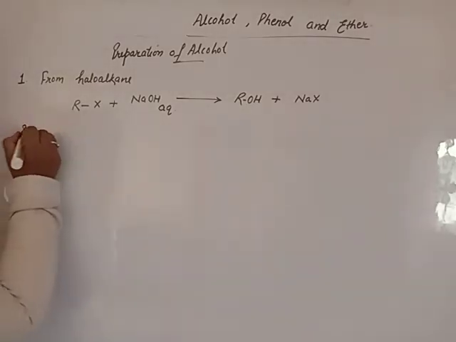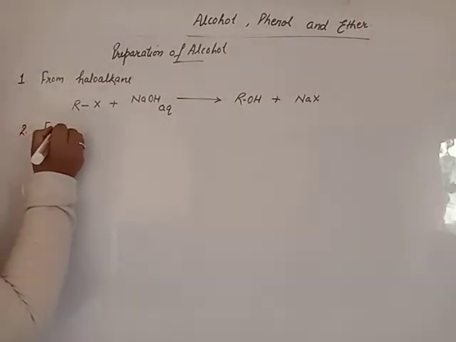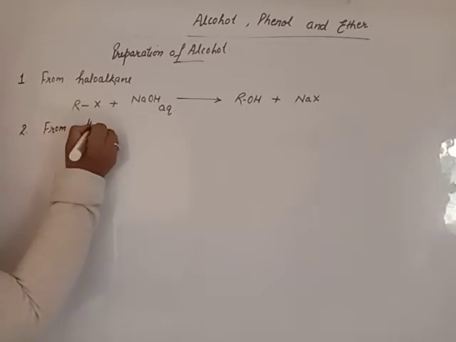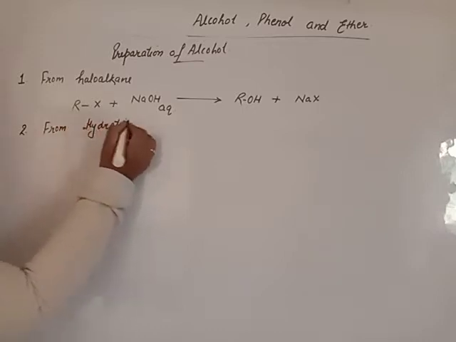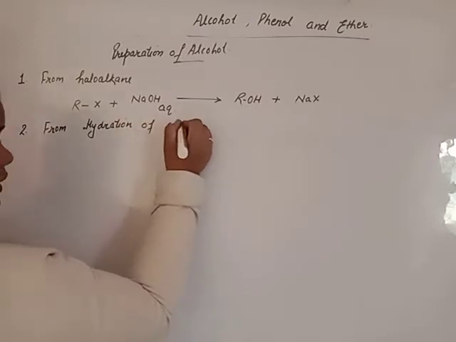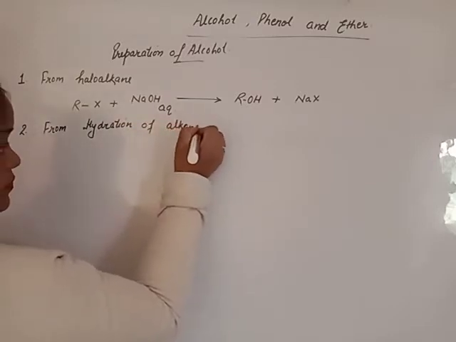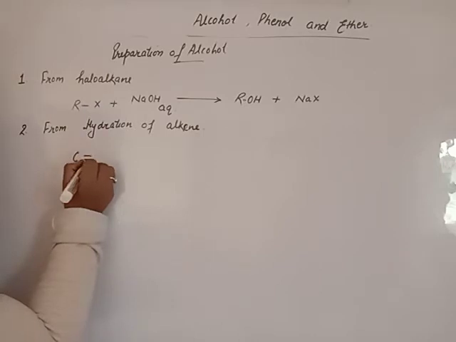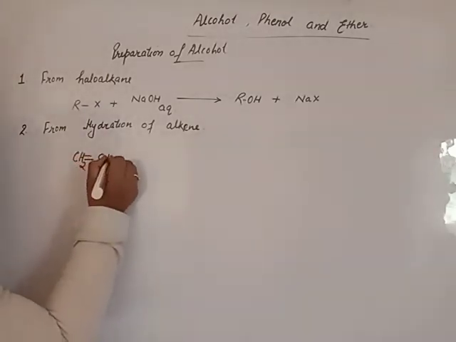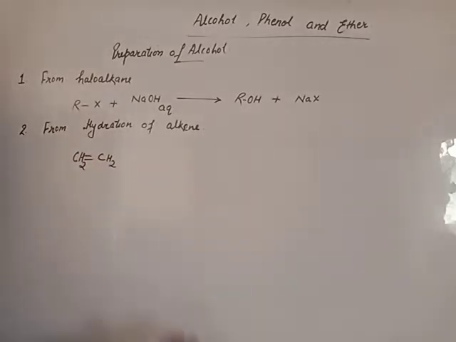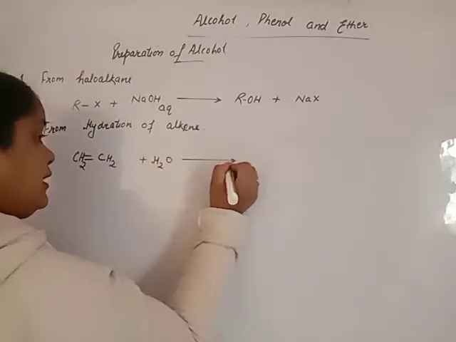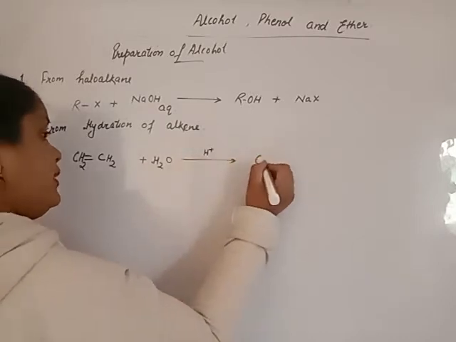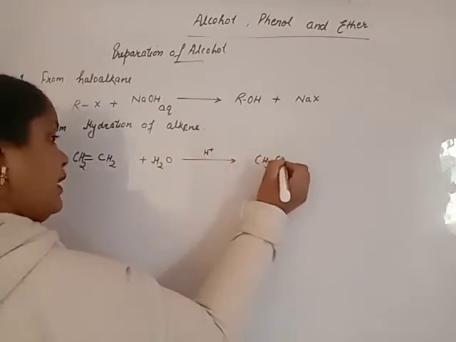Second, from hydration of alkene. Beta, alkene consists of a double bond. The simplest alkene is ethene. When we add water, an addition reaction takes place and we will get alcohol.